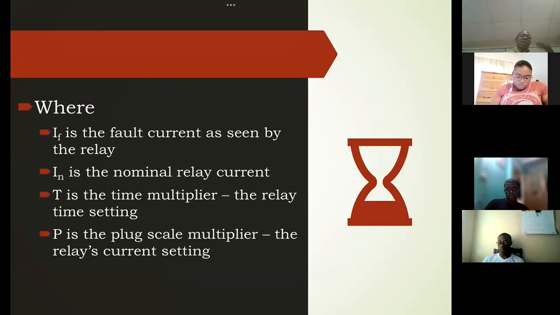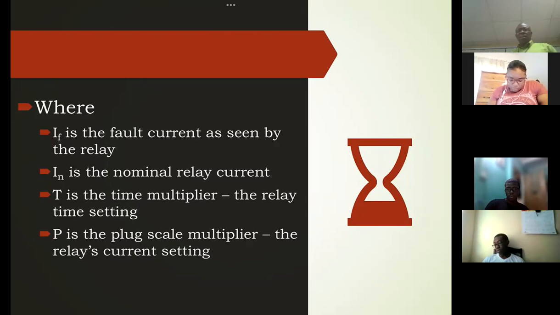So you can look at it in terms of what's on the system versus what's on the secondary side of the CT. It will work out to be the same.